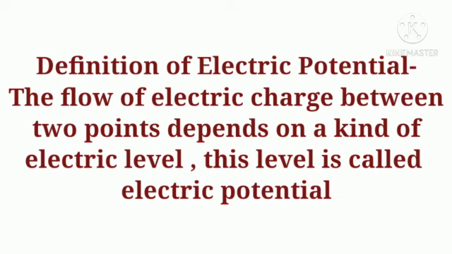On the basis of the previous example of level of water and direction of flow of water, we can define electric potential. The flow of electric charge between 2 points depends on a kind of electric level. This level is called electric potential.